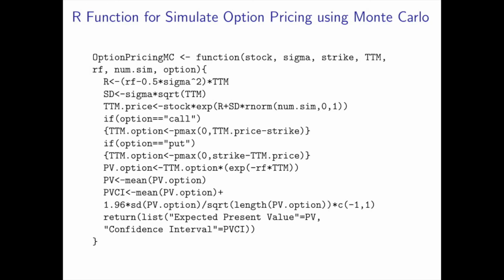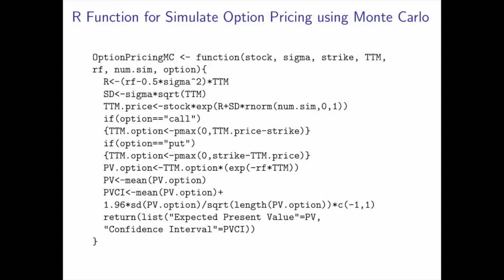Now, we need to consider two different cases. The first one is a call option, which gives the buyer the right to buy a stock at a specified price. We know that the intrinsic value at maturity of a call option is equal to the maximum value between 0 and ST minus K, where ST is the stock price at time to maturity, which is the TTM price in our case, and K is the strike price of the option.